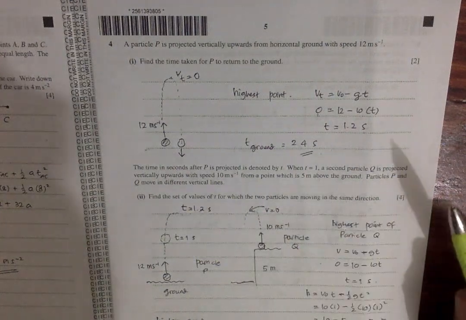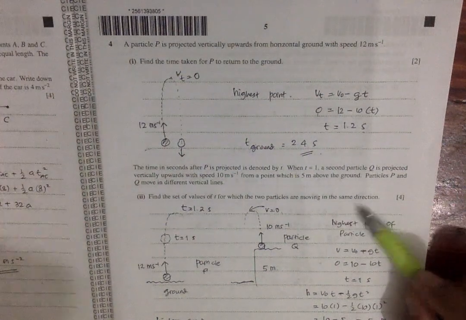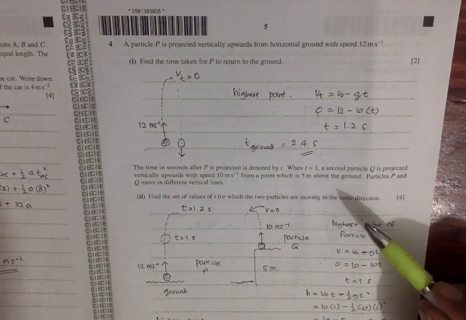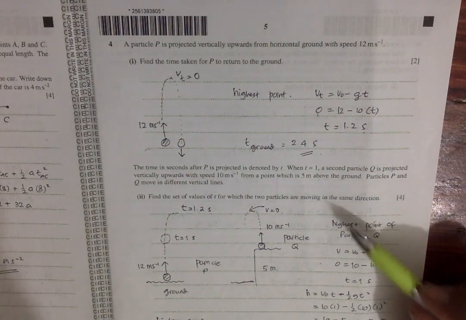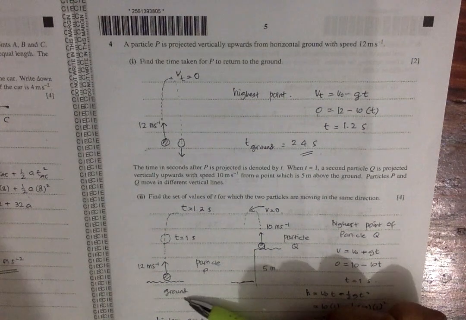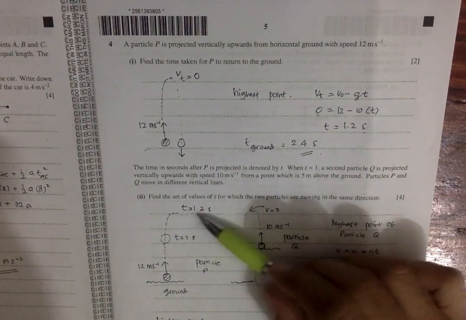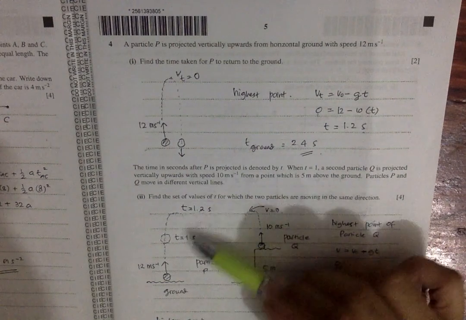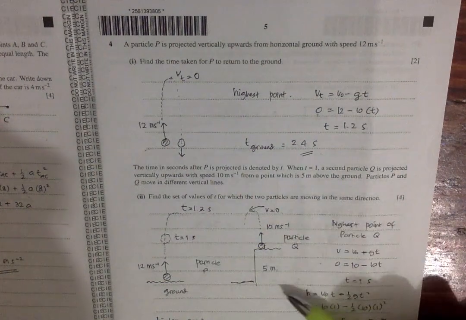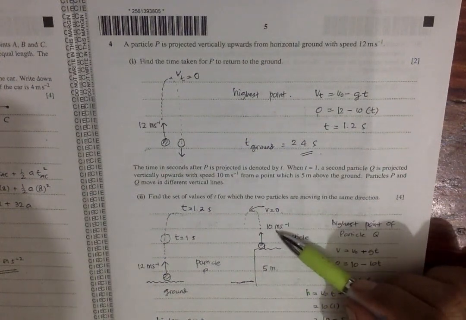Find the set of values of t with the particles moving in the same direction. In the same direction means both going up or both going down. So we calculate for particle P: it reaches the highest point at t equals 1.2, and when t equals 1, particle Q starts going up with velocity 10.